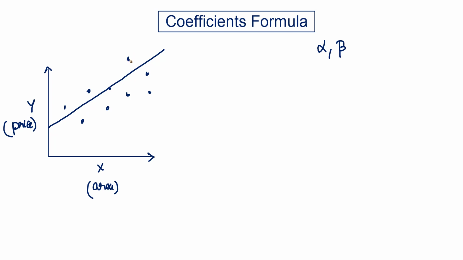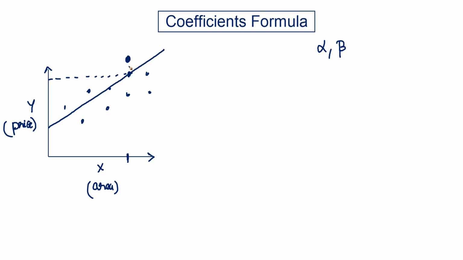For example, for this particular data point, it is not exactly falling on this line, isn't it? There's a certain distance between the actual value versus what is predicted by the linear regression for this particular value of x. When x is this much, the linear regression is predicting your y, which is the price, to be this much, isn't it? But the actual value of y is lying somewhere over here.